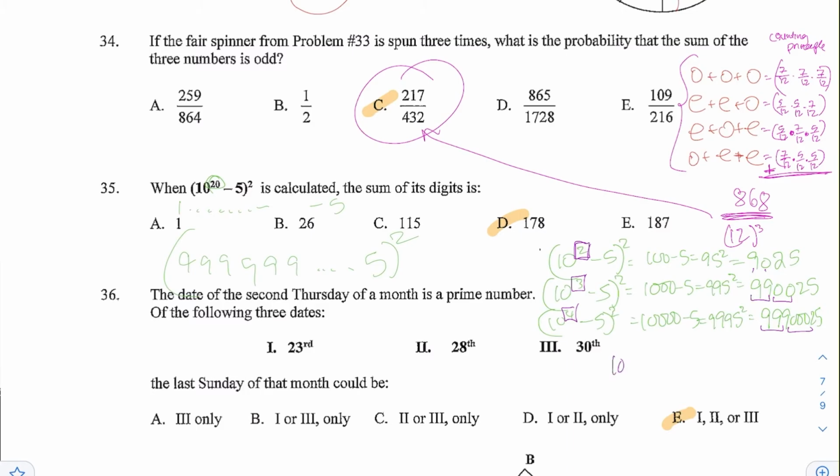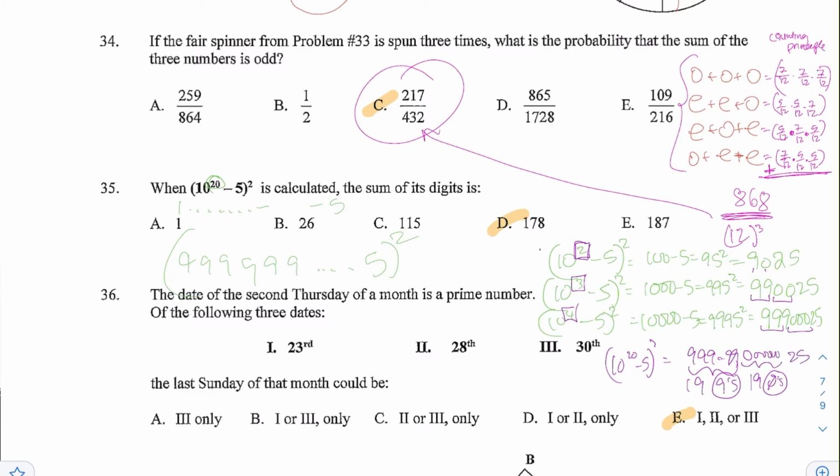So when you have 10 raised to the 20th power, you have 19 nines, followed by 19 zeros, and then 25.